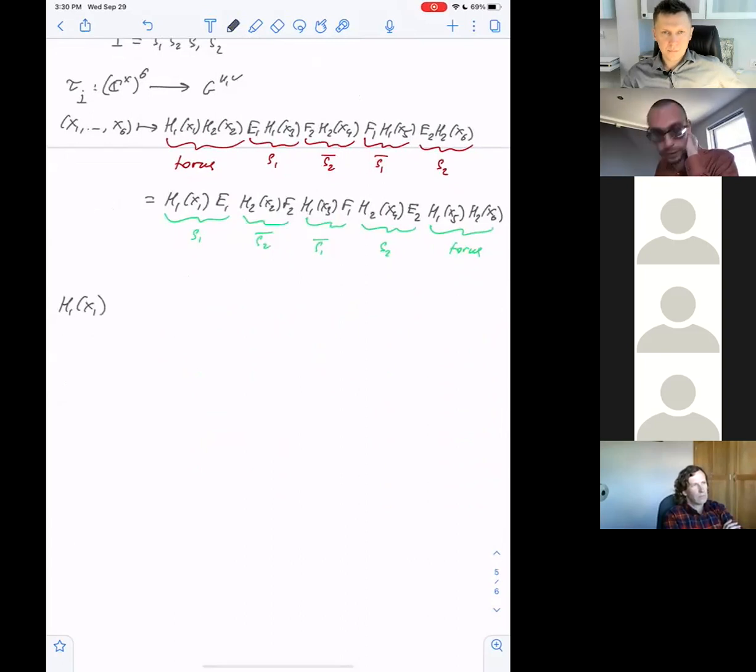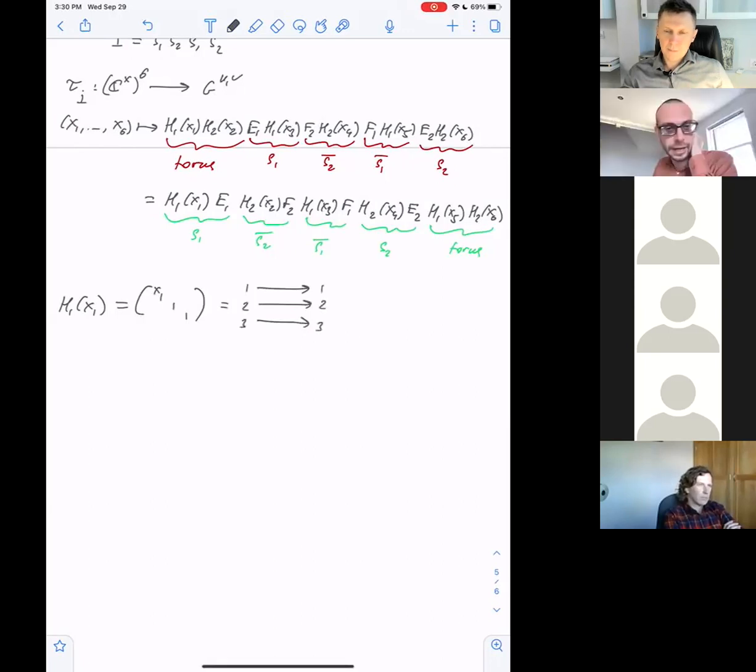So what is h1 of x1? Well, this is the matrix x1, 1, 1, and I want to draw that as what people call a network. So I'll draw these 3 strands, and I'll put x1 between the first and the second. And the way to see why this network represents this matrix is the following.